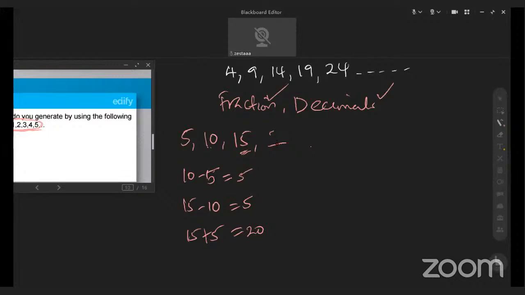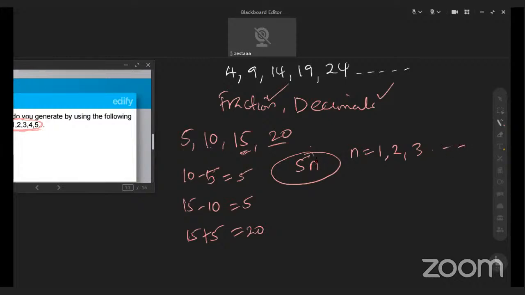Teacher, do you write 5 times n, 5 times 1? Yes, if you already have 5n, you just say your n starts with 1, then 2, then 3, and so on.